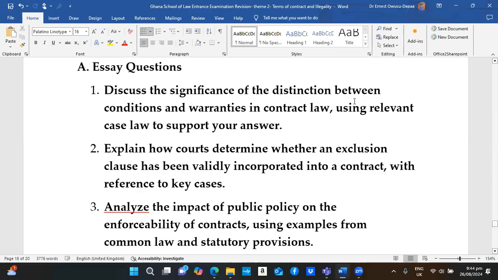that term was supposed to entitle the innocent party, first of all, to treat the contract as having come to an end, and secondly, to sue for damages. And so when we are discussing this kind of conduct, it's what they call a repudiatory breach. The repudiatory breach here comes from breach of a term known as a condition, because the condition goes to the very foundation of the contract.